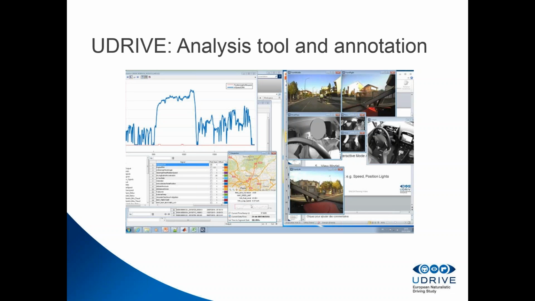But one of the primary uses of that package is for annotation, where we have coders systematically go through the data and record items of interest to us. And in this part of the work, it would be engagement in secondary tasks and what type of tasks drivers are engaging in.